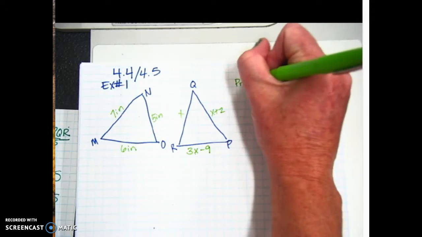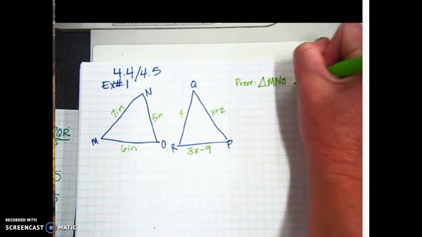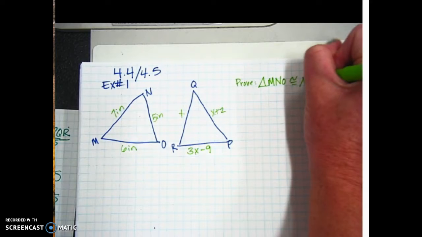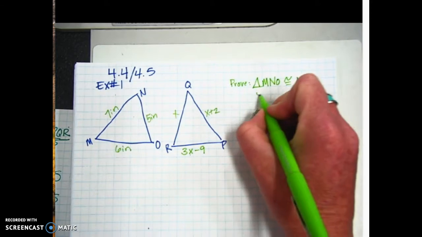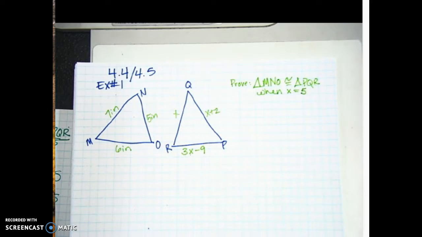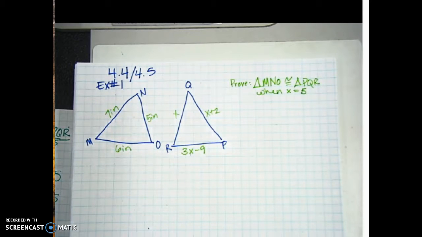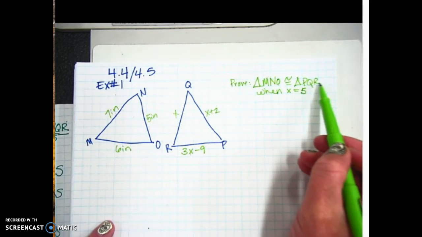Okay? So here's what we're asked to do. We are asked to prove that triangle MNO is congruent to triangle PQR when X equals 5. So you want to notice the order, MNO and PQR.